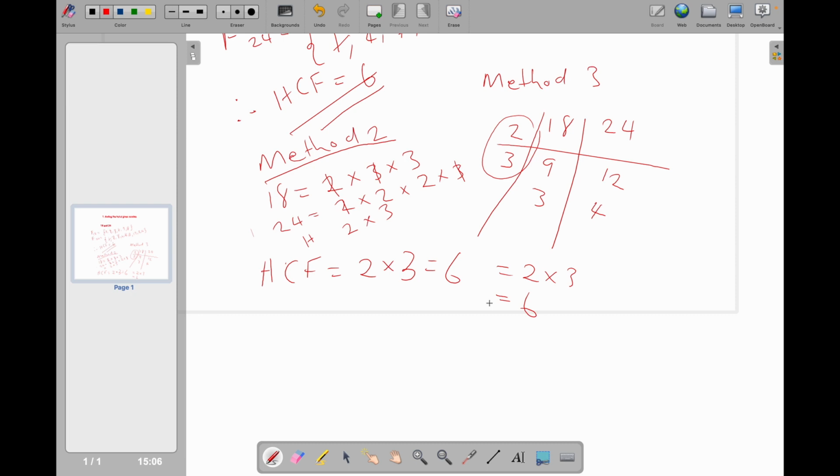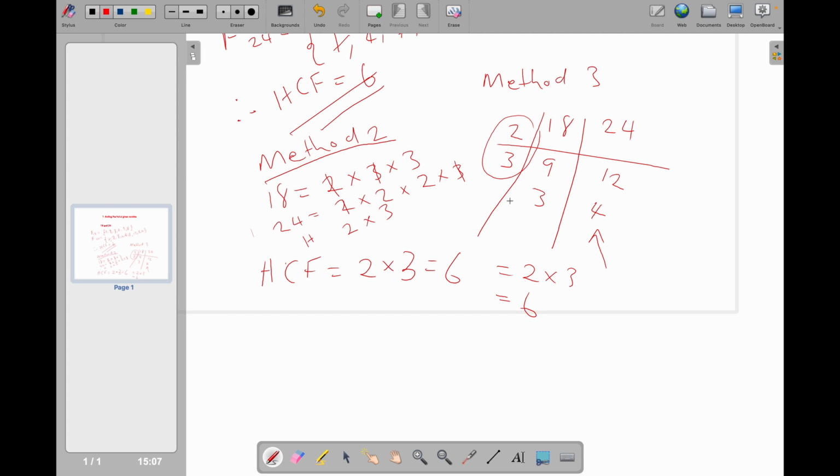So now we can see that when you find common factors, this method is better because it's easier. People have different thoughts, but if it's me, I will choose this one because for me this one is easier.